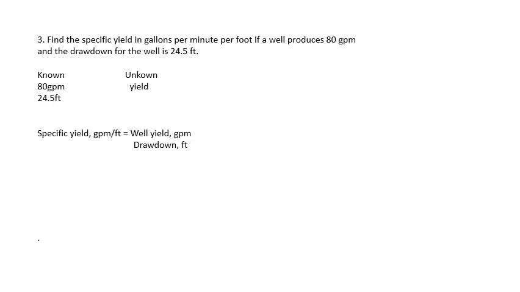Specific yield in gallons per minute is well yield divided by drawdown. 80 gallons per minute divided by 24.5 feet gives you 3.27 gallons per minute per foot.